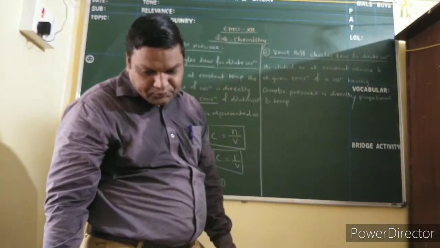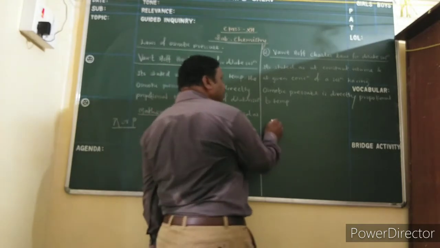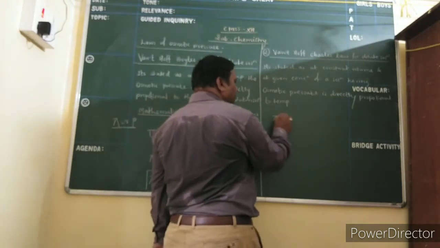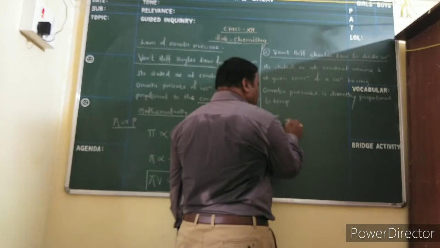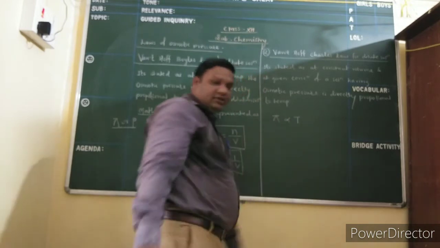So mathematically, pi, the osmotic pressure, is directly proportional to temperature.